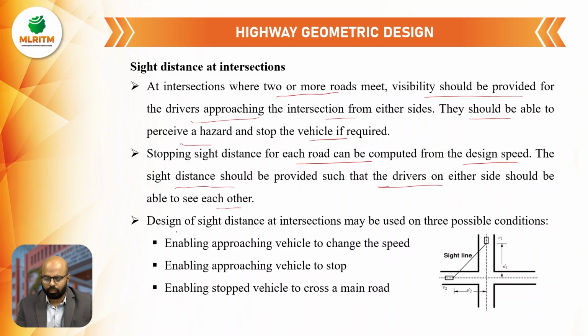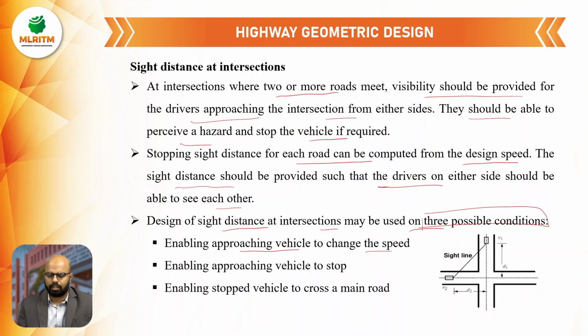The design of sight distance at intersections may be based on three possible conditions, which we consider while designing. The first is enabling the approaching vehicle to change speed, mostly decreasing the speed of the approaching vehicle.